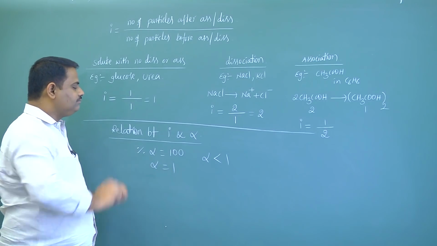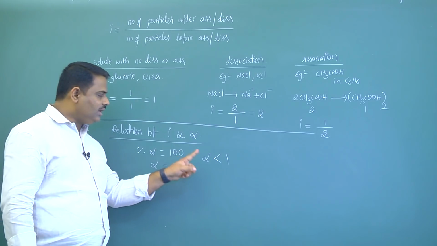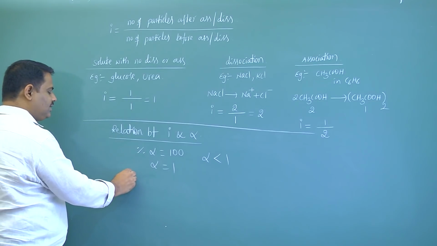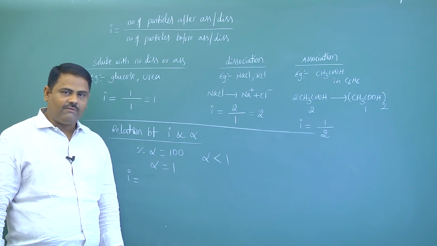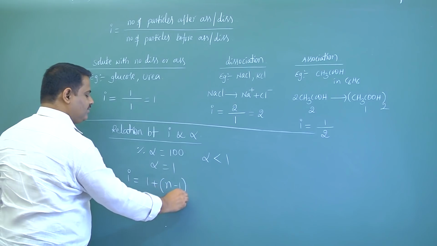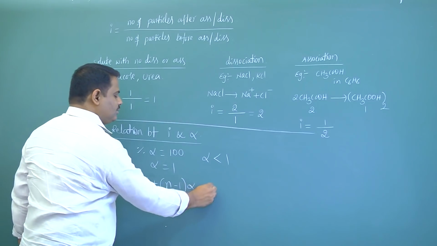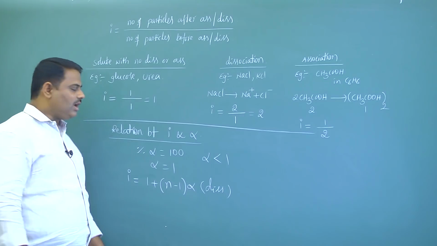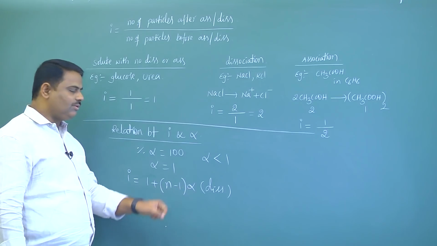Now from here, if a strong electrolyte or weak electrolyte is given, how to calculate the Van't Hoff factor i? There is a formula for the Van't Hoff factor, that is 1 plus (n minus 1) into alpha. This is for dissociation. So i is equal to 1 plus (n minus 1) alpha.